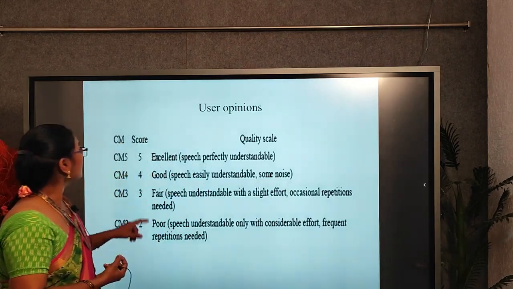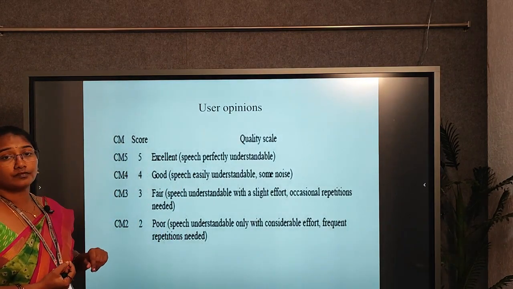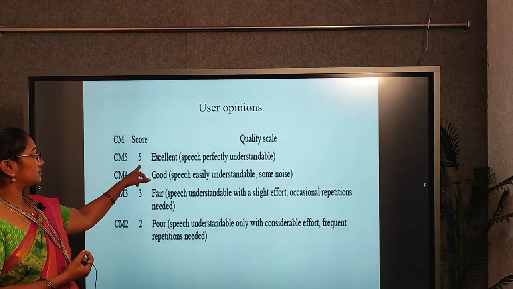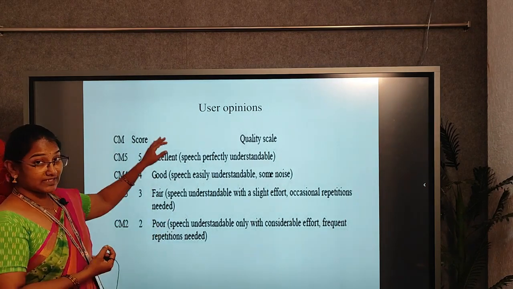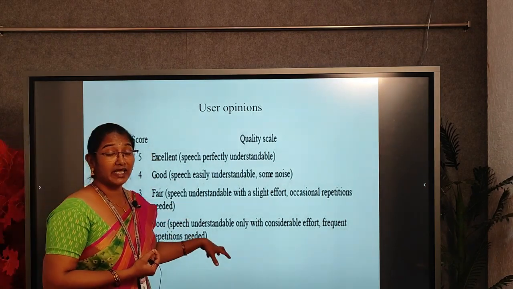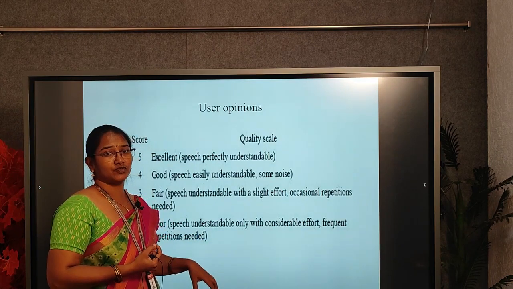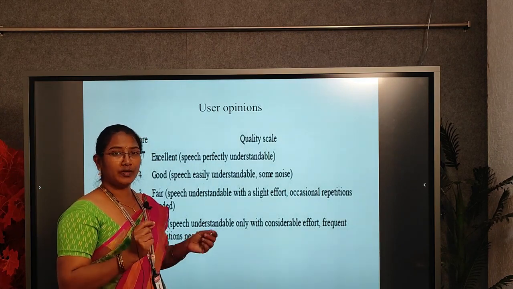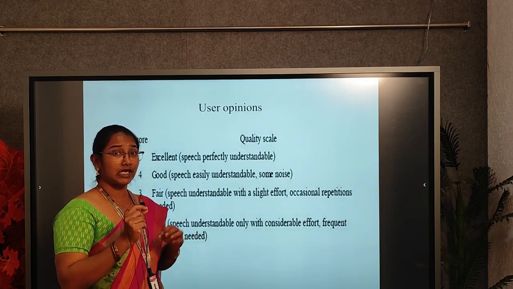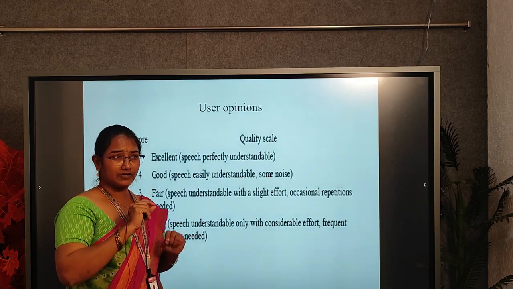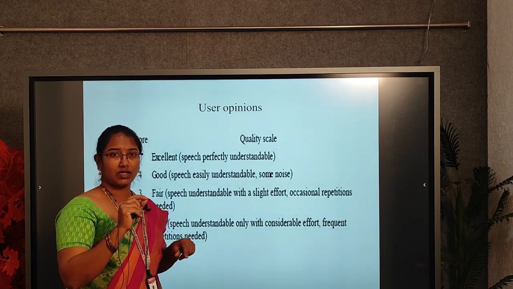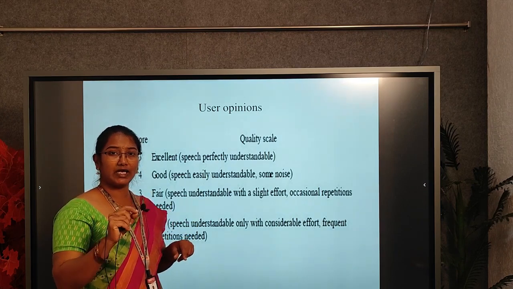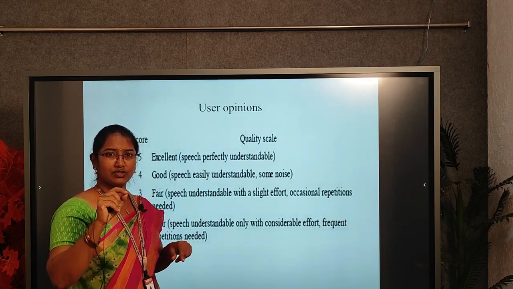See here, CM5: excellent, good, fair, poor. These are the feedbacks taken from the customers. Suppose when you make a WhatsApp call, after termination of the call, the screen shows something like voice quality, communication quality is good, bad, 5 star, 4 star, like that.